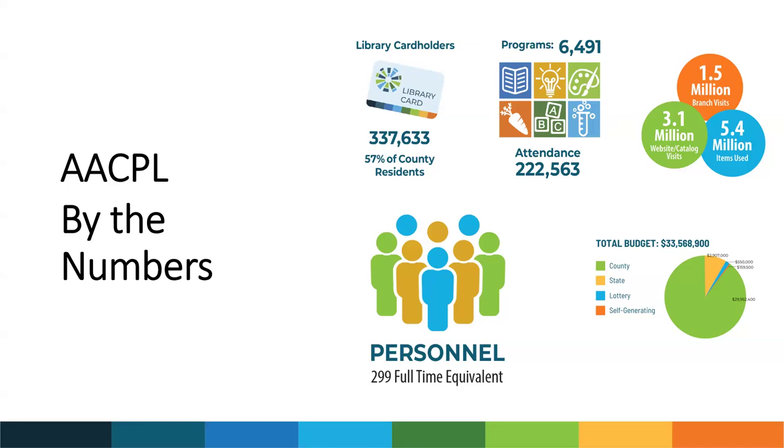We've had 1.5 million branch visits to our libraries, 3.1 million website catalog visits, and 5.4 million items that have been used. And again, we have the operating budget, roughly $33 million. We have about 300 full-time equivalent employees. So that's a brief overview of the Anne Arundel County Public Library.